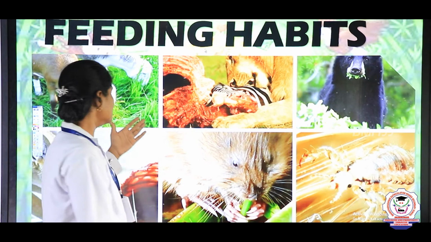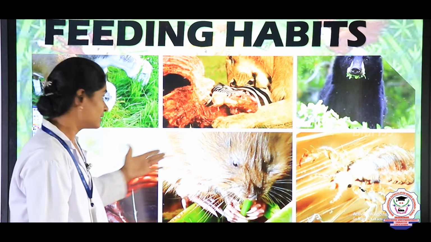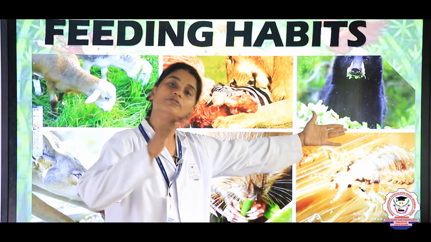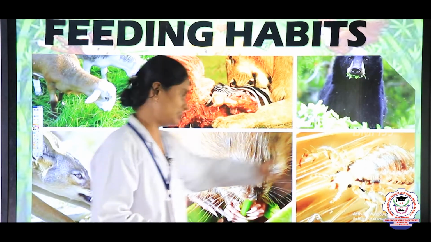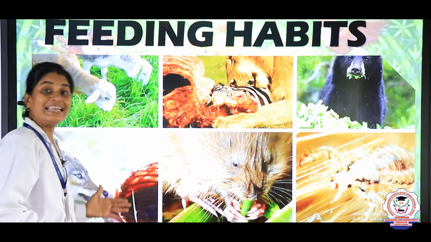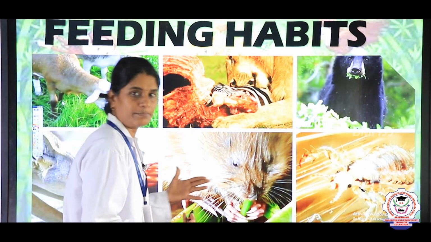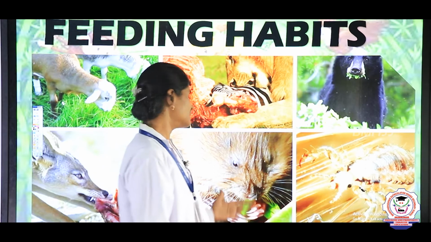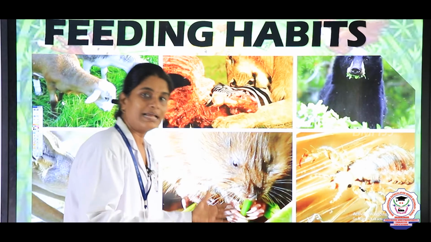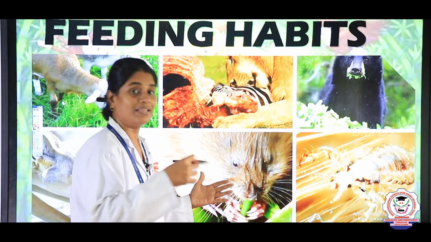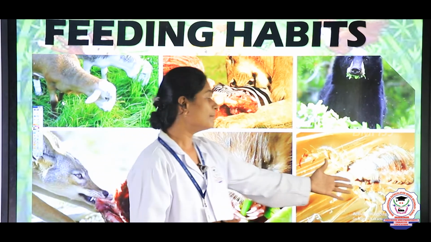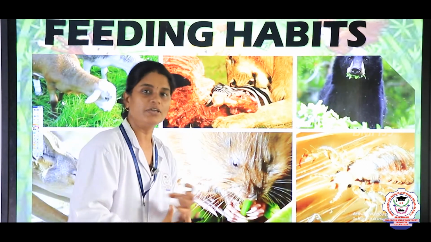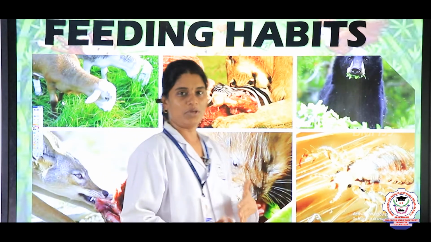Some animals eat plants, some eat flesh, some eat both plants as well as flesh, some eat dead, decomposed animals, some eat nuts from the ground, they just gnaw the food, and some take food from living organisms, right? So that is what we are going to see.